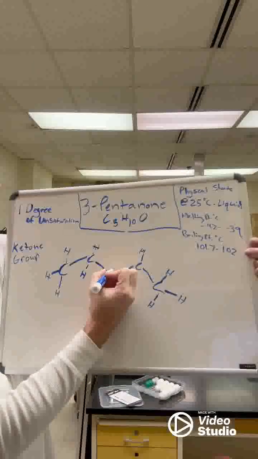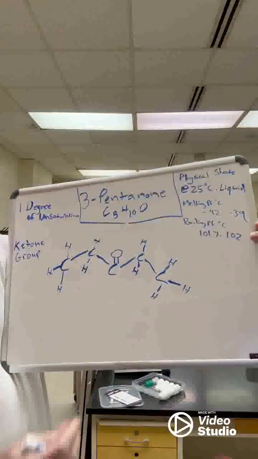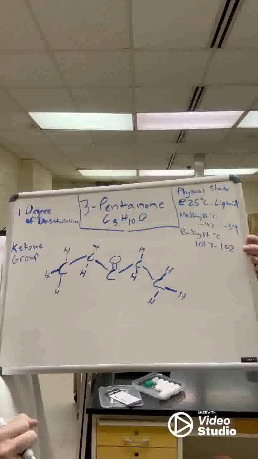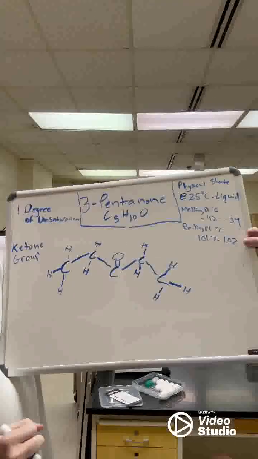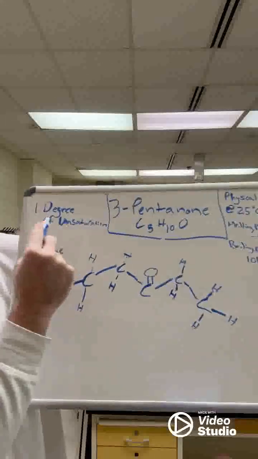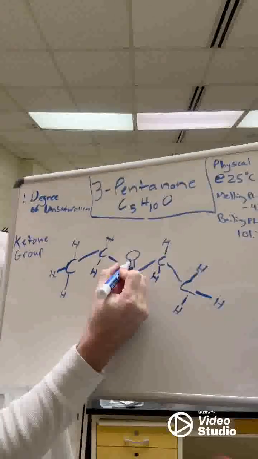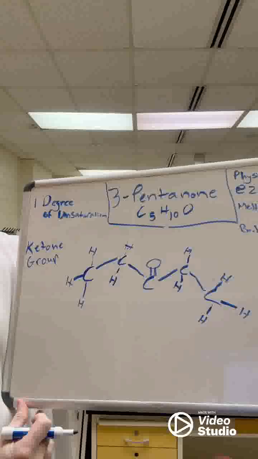So we will go ahead and form our double bond here. And so this is the structure for 3-pentanone, and we notice that our degree of unsaturation comes from our pi bond that we formed here in our ketone group.